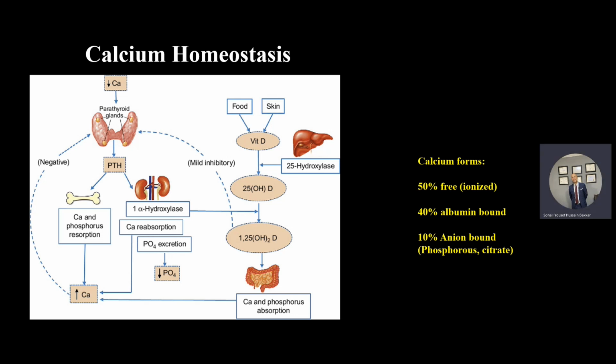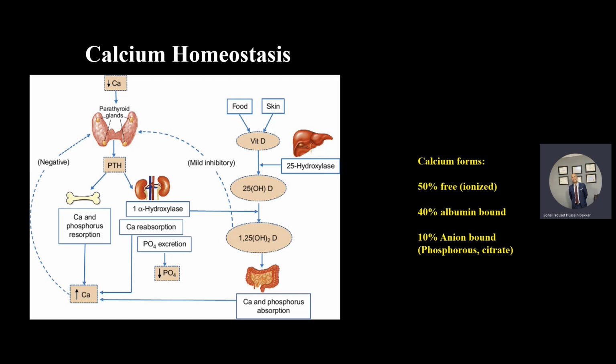What do we mean by secondary hyperparathyroidism? It is that the parathyroid glands are over-secreting their product, which is the parathyroid hormone, secondary to some problem that has caused calcium deficiency.